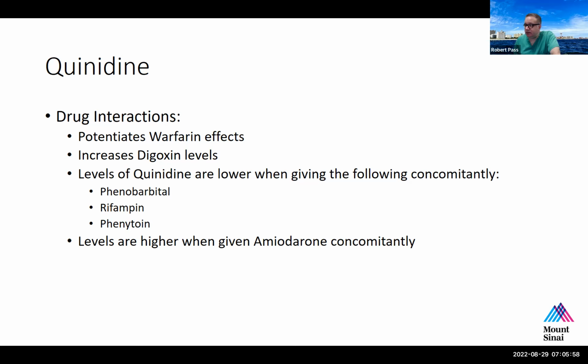Levels of quinidine are lowered when given the following agents: phenobarbital, rifampin, and phenytoin. It seems to me it probably has something to do with liver metabolism, maybe the cytochrome P450. I'm not actually sure, but these agents will lower your levels of quinidine, so you have to raise your dose. And then finally, levels are higher when giving amiodarone concomitantly.